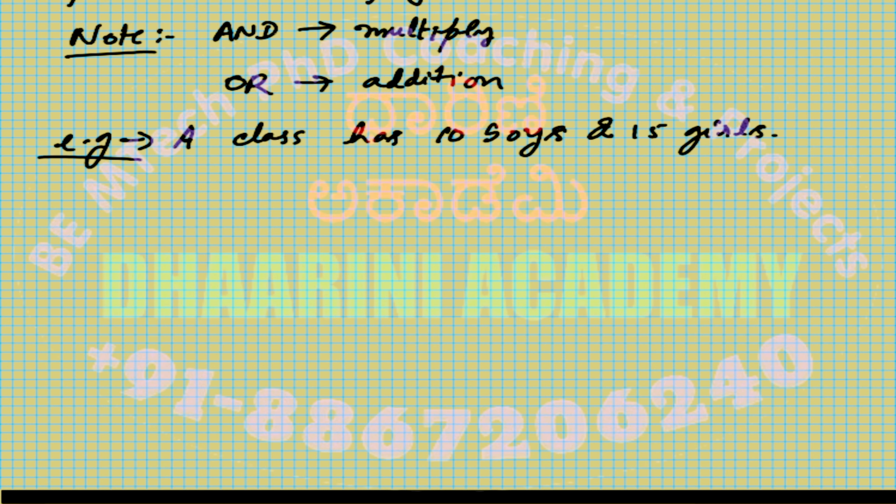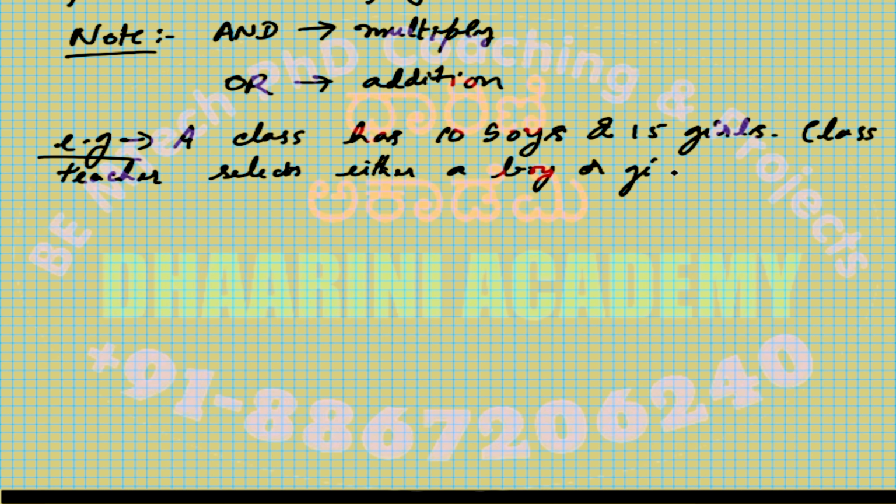Now the class teacher selects either a boy or a girl as class representative. So in how many ways?